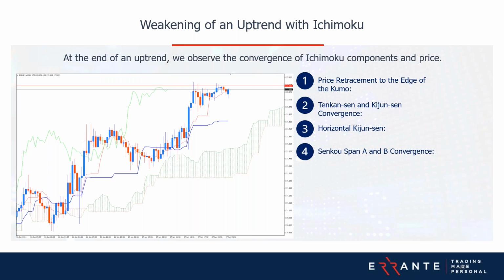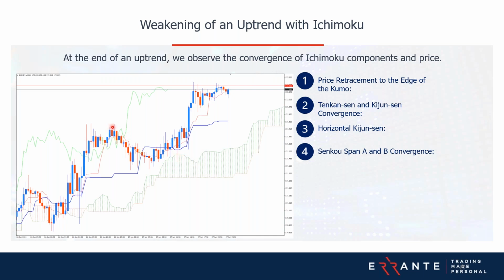Next thing we should consider is the convergence of Senkou span A and B, which leads to a narrowing of the Kumo, indicating a potential change in trend. The Kumo's thickness represents volatility and strength of support and resistance, but when Senkou span A and B converge, it narrows the Kumo, suggesting reduced volatility and potentially weakening trend strength during a phase of market correction, like what we see here.